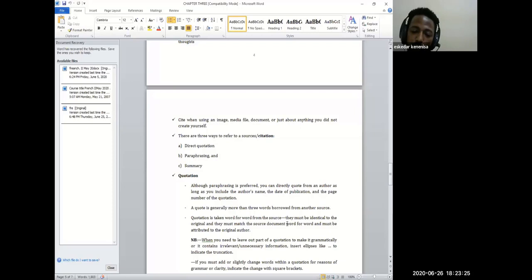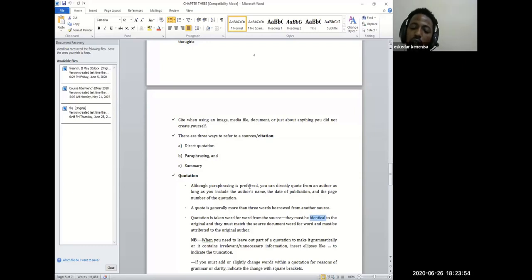If you make mistakes in copying, this is also one of your shortcomings. If you want to make a quotation, you have to seriously copy it word for word, because it has to be identical. This is direct quotation.